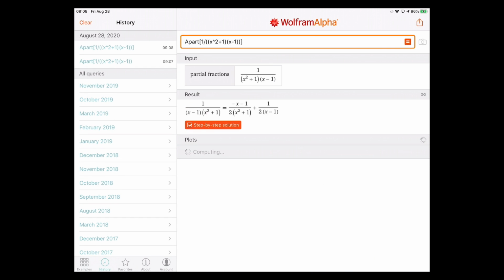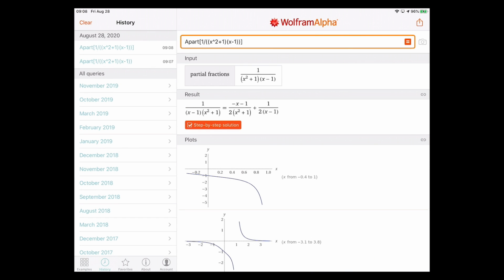But you can have it compute for you the partial fraction decomposition. And so here's what it turns out to be. Let me just copy that down, and then we'll look at this and say, okay, now what? How do we do the integral of all this stuff?